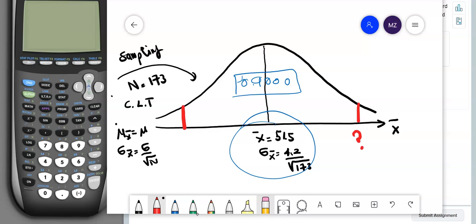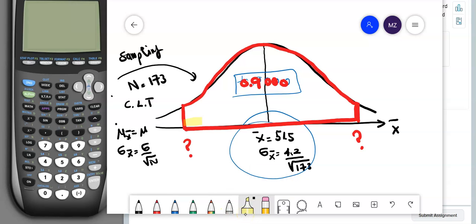I'm looking for this boundary and this boundary, which will cover this area in the middle, and this is going to be the 90 percent. So if this total area in the middle is 90%, what will be my value in here, and what will be my value in here?